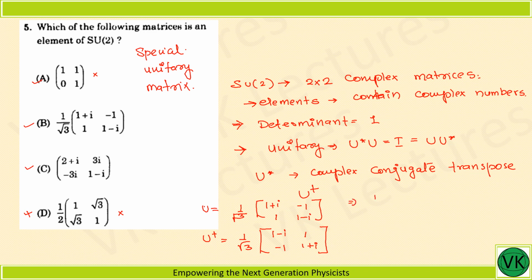The first row times the first column: 1 plus i and 1 minus i, that is a plus b into a minus b, a squared minus b squared, which is equal to 2 here.